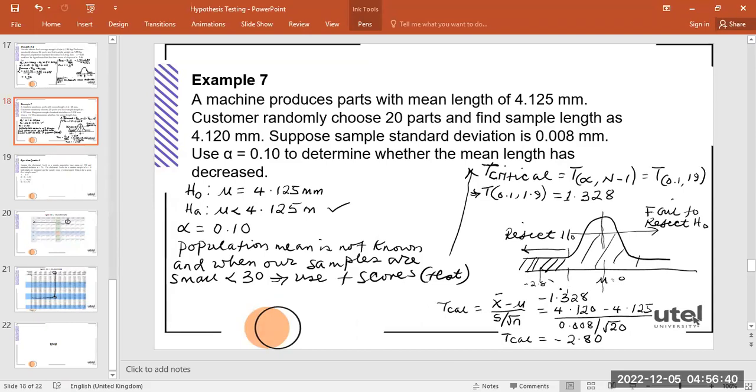So in this case, our conclusion here is that we are going to reject the null hypothesis. In other words, this hypothesis has been shown that the machine does not produce rods with mean length of 4.125. So our decision here is we reject the null hypothesis.